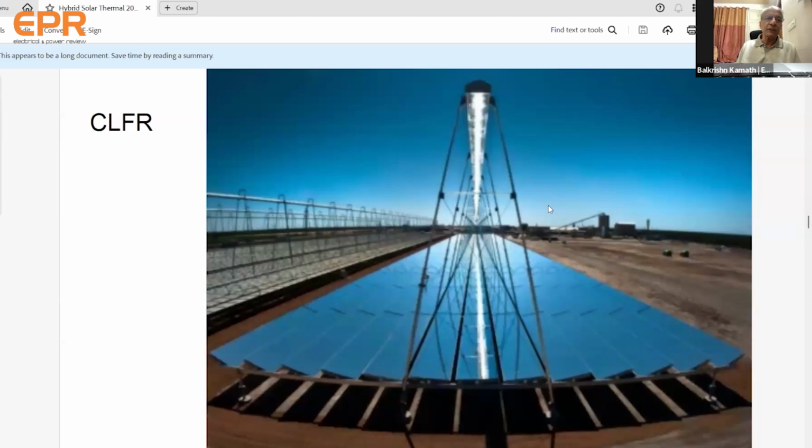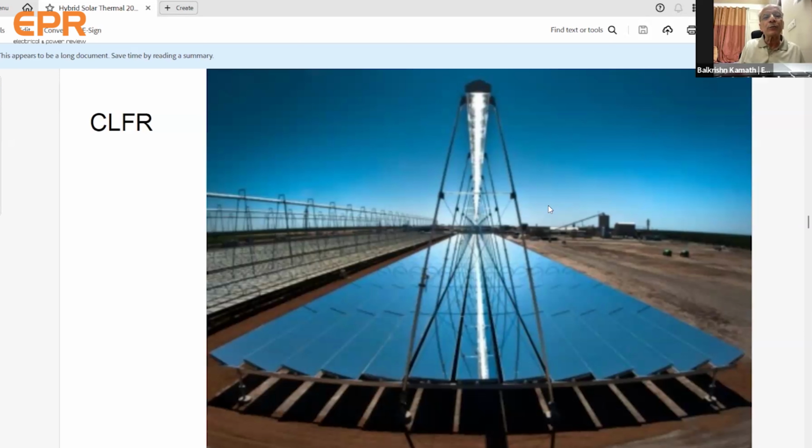This technology is used in Dadri, and you can see the mirrors which have been put on a flat platform at the bottom, and the mirror pieces can move on their own. So the power required to move the glass pieces or mirrors is less. You can see the receiver on the top, the white line, because all the sun rays are concentrating there.